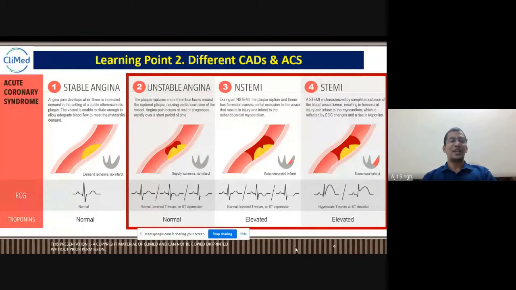So that's why sometimes they recommend CABG when your left main artery is completely blocked, along with some more branches on the left side.